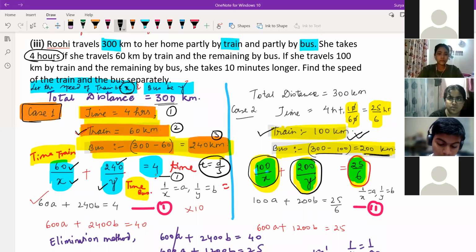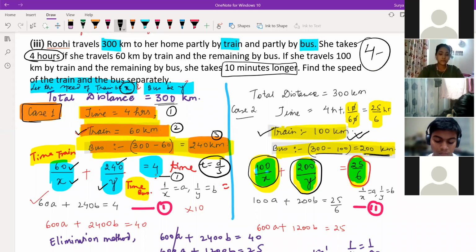And how much time is it taking here? 10 minutes longer. Before it was taking 4 hours, now 10 minutes more. So 10 by 60 should be converted to hours, which is 1 by 6. So it will take 25 by 6 hours.